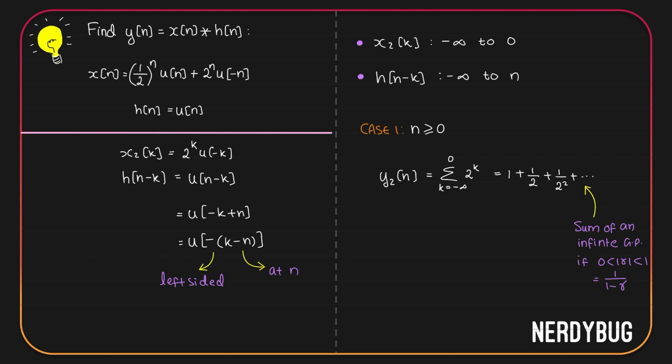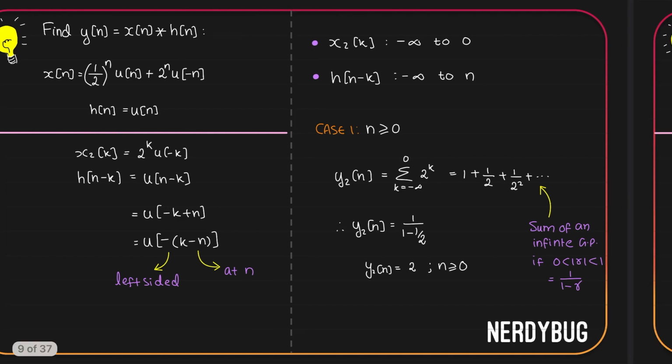In such a case, we can use the sum of an infinite GP for which the common ratio has a magnitude less than 1. It is 1 by 1 minus r. So we get y2 of n is 1 by 1 minus 1 by 2, and this is equal to 2. So y2 of n is 2 for n greater than or equal to 0.